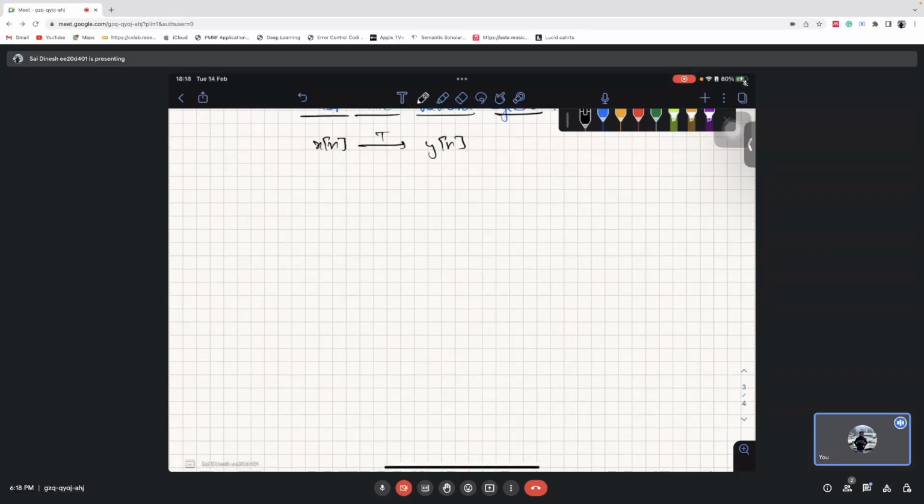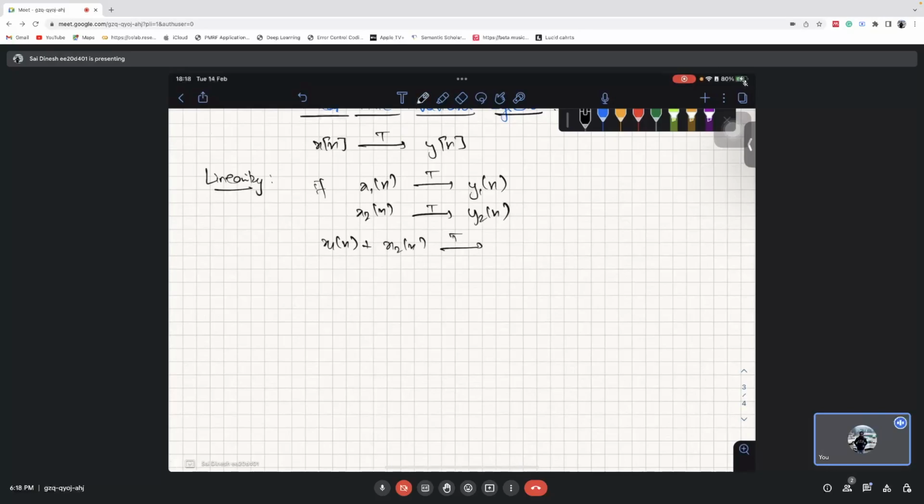So the linearity property of the system means that if we have some x1 of n which produces y1 of n, and then we have x2 of n which produces y2 of n, then x1 of n plus x2 of n will produce y1 of n plus y2 of n.